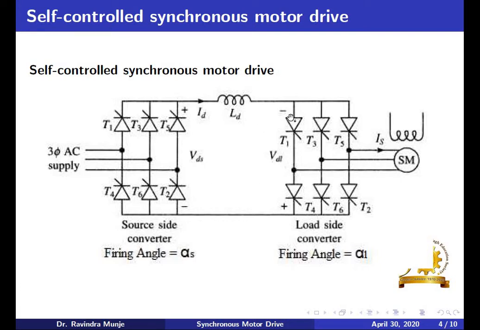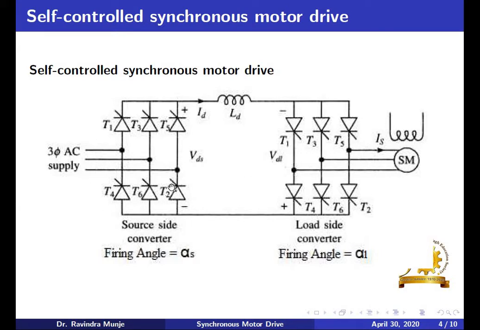This DC is given to this load side converter which will convert DC into AC, which is given to the synchronous motor. So synchronous motor is fed by variable frequency supply here, which is given by load side converter.